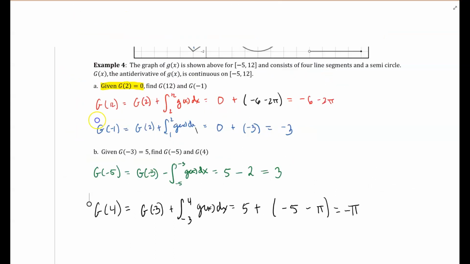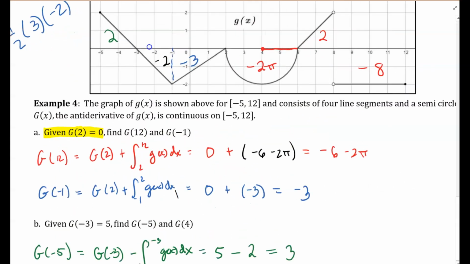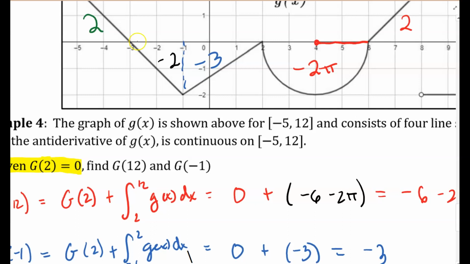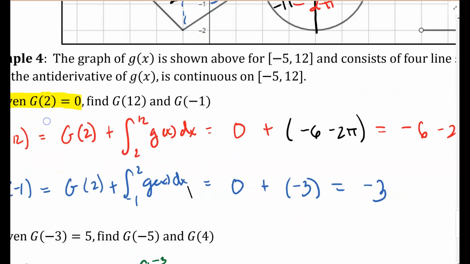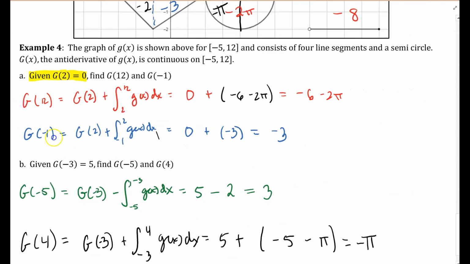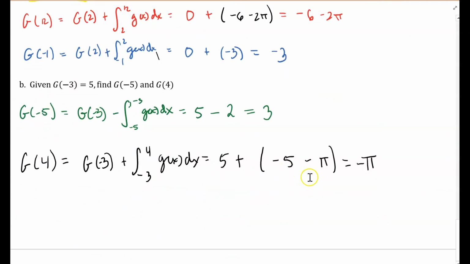That gives us 5 as our initial value, plus here I have negative 5, and then up until 4, that's 1/4 of 4 pi, which is just pi, but it's below the x-axis, right? So this region is negative pi. So you should have gotten 5 plus negative 5 minus pi, and that just gives us negative pi.